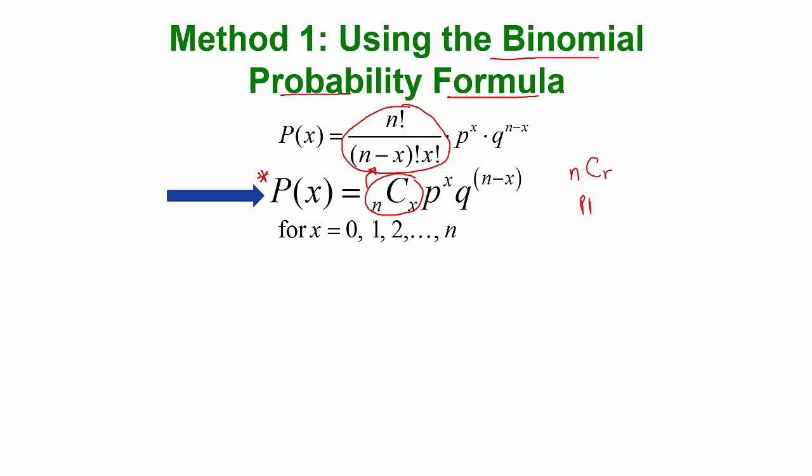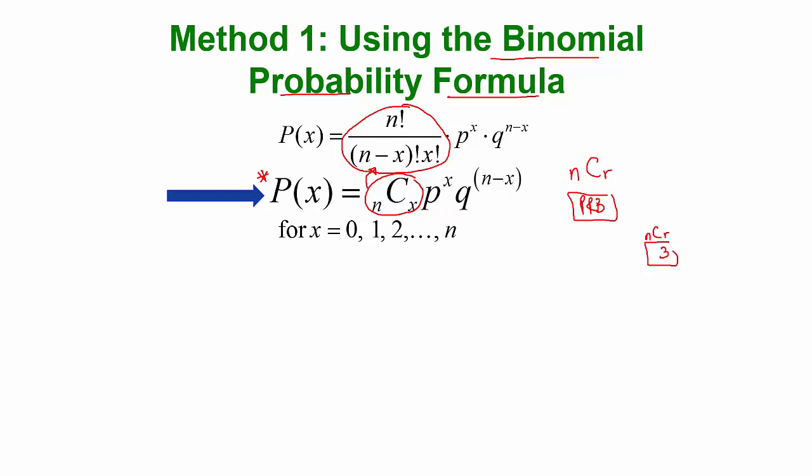nCr is located where the probability button is on your calculator, or sometimes it might be on the face of your calculator, like above the number 3 you might see nCr. Because that formula is embedded in your calculator, you won't need to use this factorial formula.